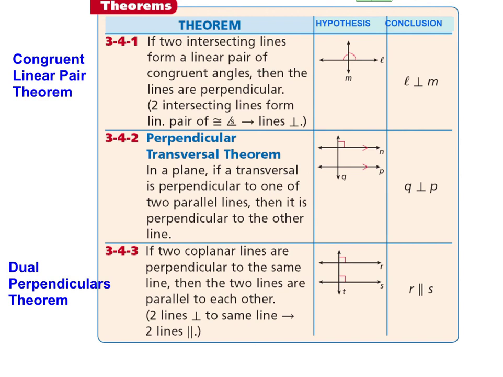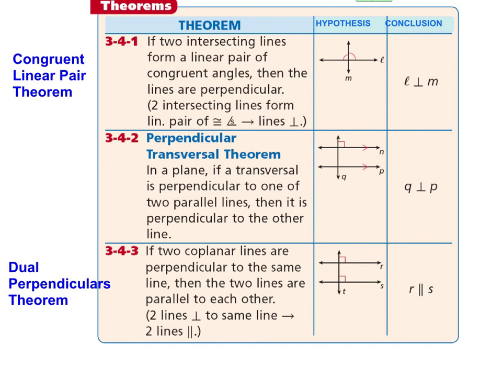I should cover it. So if you have adjacent angles, why would this end up perpendicular? Let's reason through. Okay, linear pair. Tell me something about linear pair of angles that we've studied previously. Melissa? They're supplementary, which means they add up to 180. Okay, so these two angles have to add up to 180.